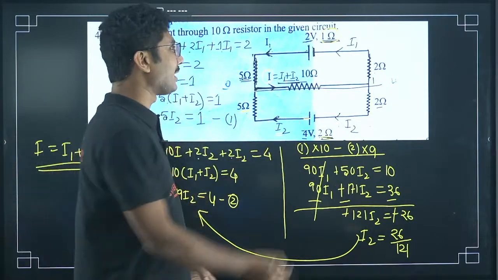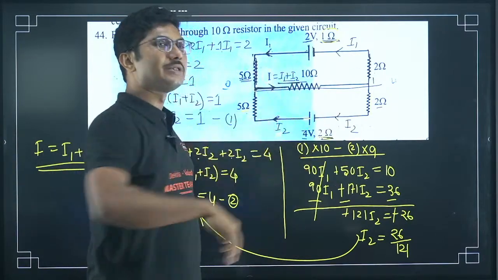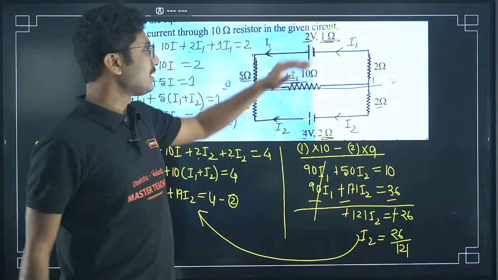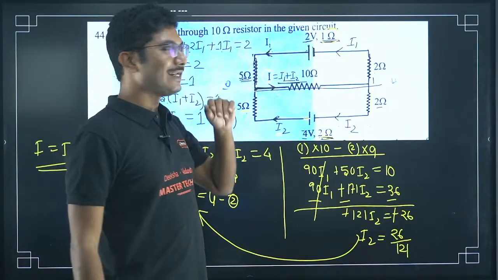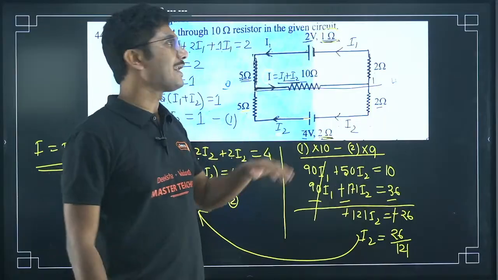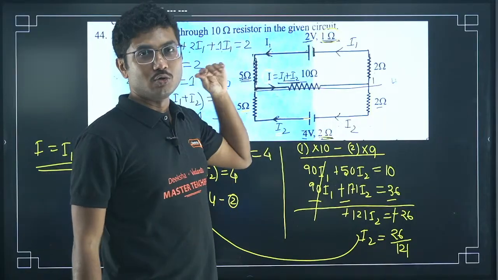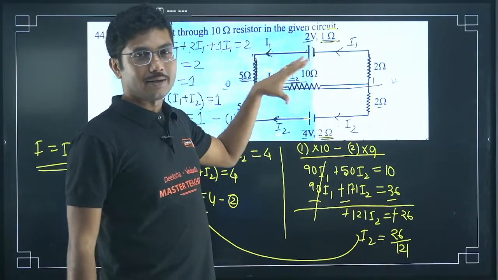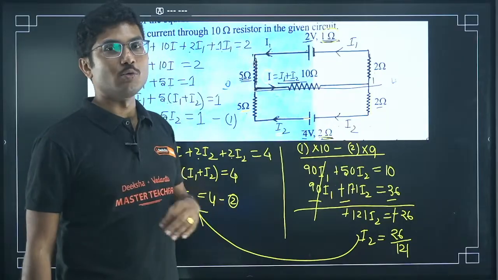The second loop that you can consider is the bigger loop. Bigger loop is difficult to manage because there are two batteries. Two batteries are sending current in two different directions. That's why I always say try to consider small loops and try to see if the circuit has more than two batteries.